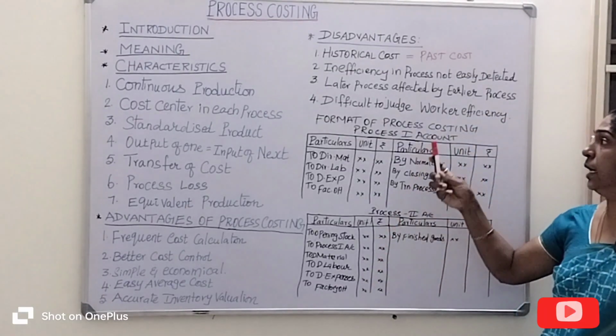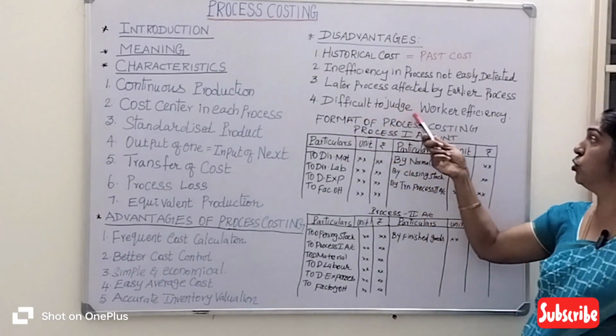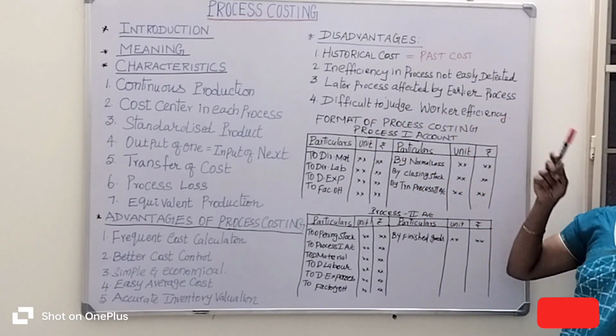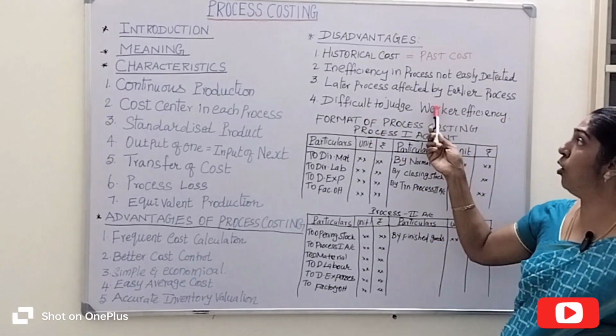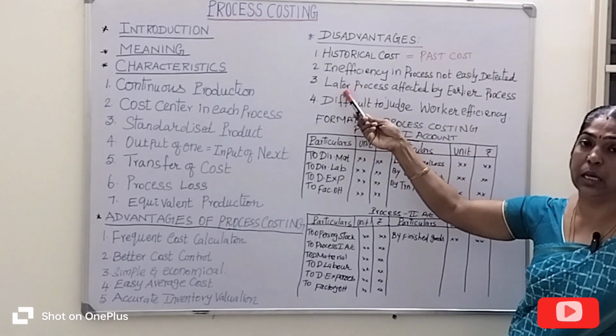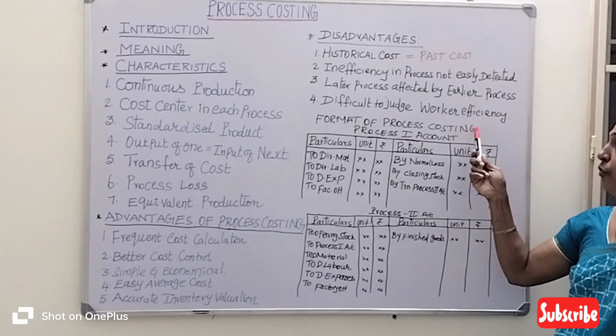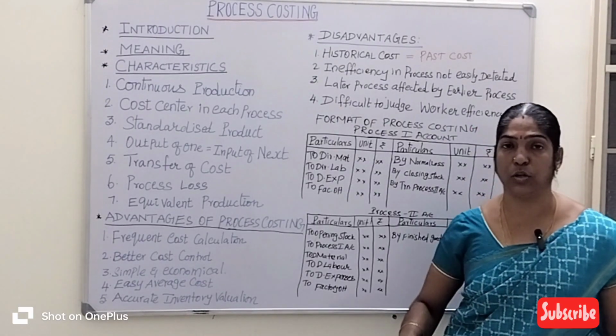Okay, let's come to the fourth disadvantage: difficulty in judging workers' efficiency. Listen, if you can't detect the inefficient worker, similarly you can't detect the efficient worker in process costing.